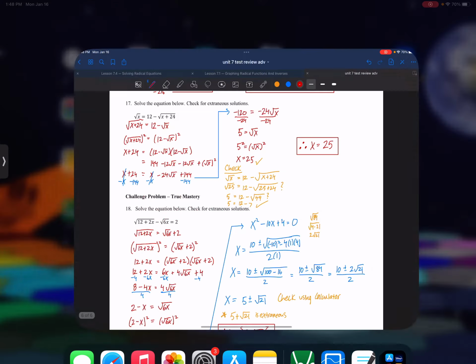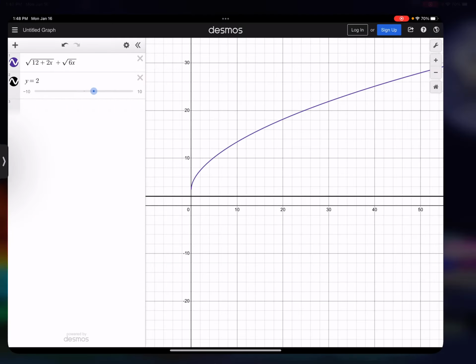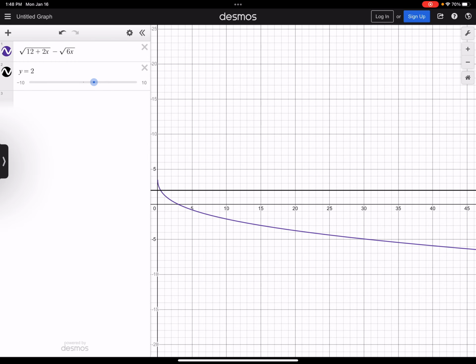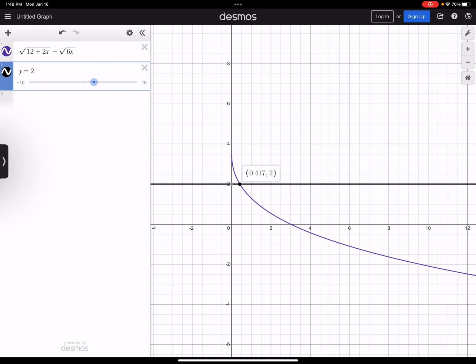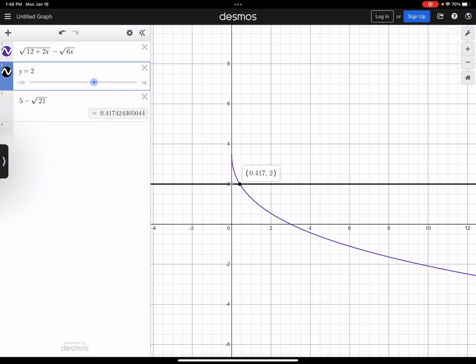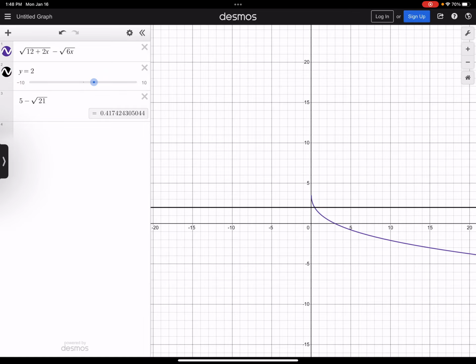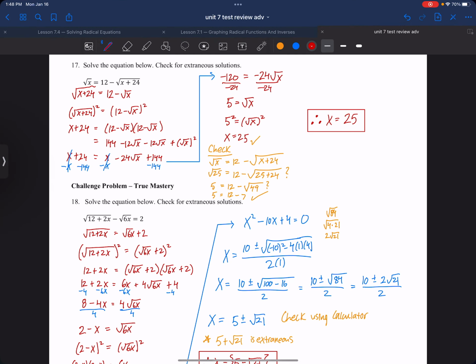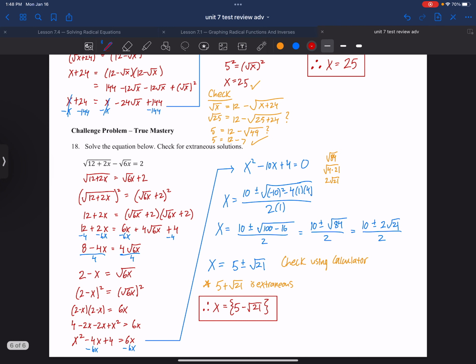But that's not right, is it? Oh, it was minus. I see. Okay. And it seems like 0.417, and when I do 5 minus square root 21, hey, look at that, 0.417. Yep, and that's the only time that graph hits that line, so we are done.